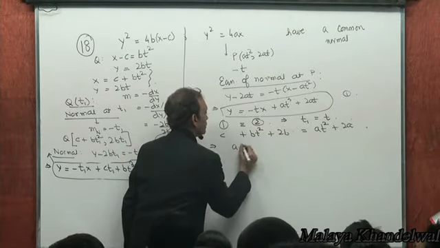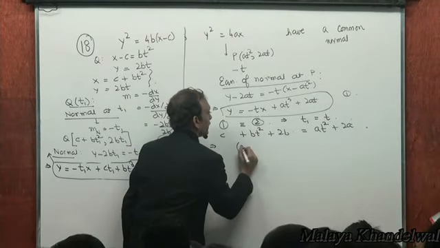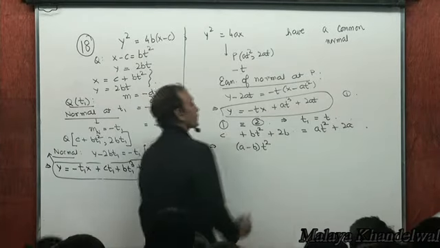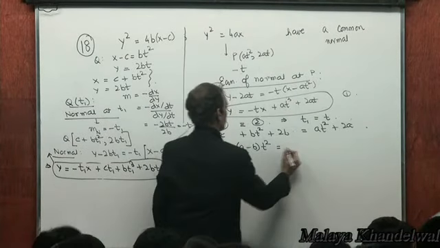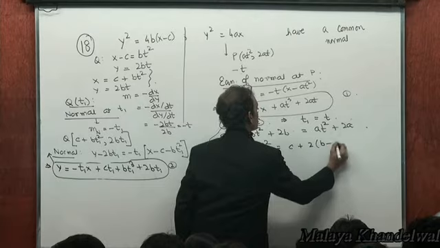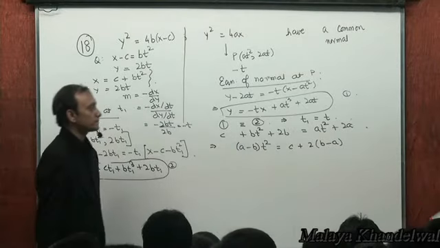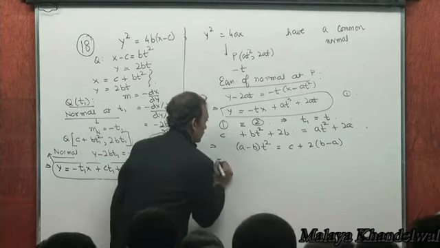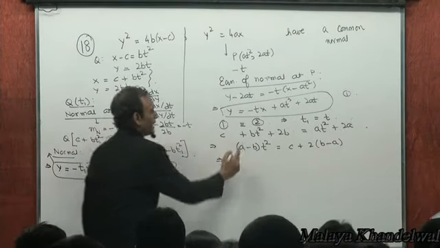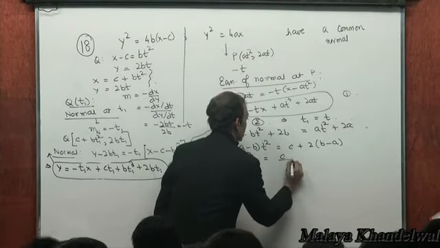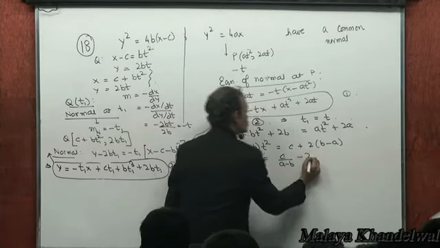Or A minus B into T squared must be C plus 2 into B minus A. Divide by A minus B, so T squared is C by (A minus B) minus 2.